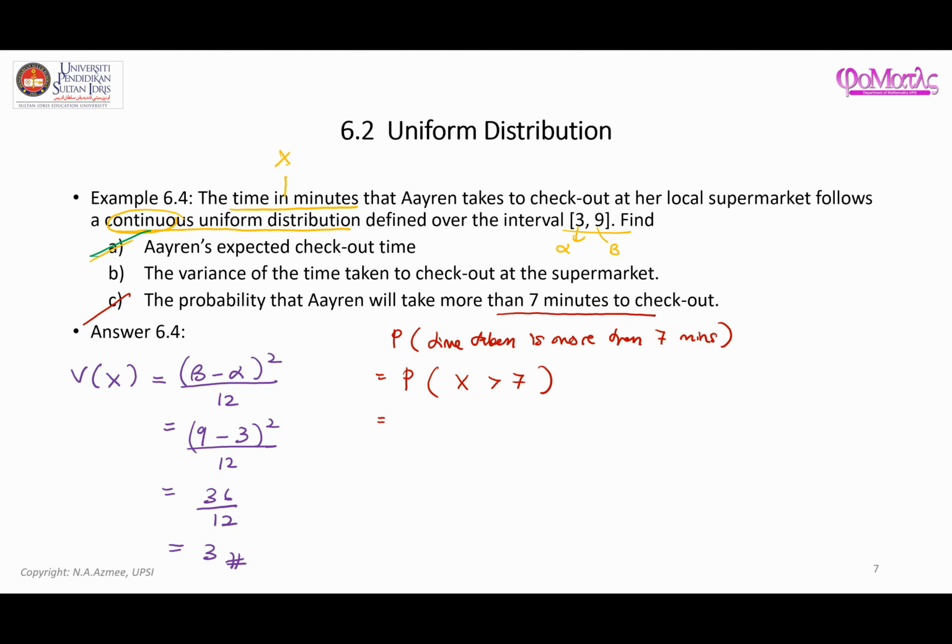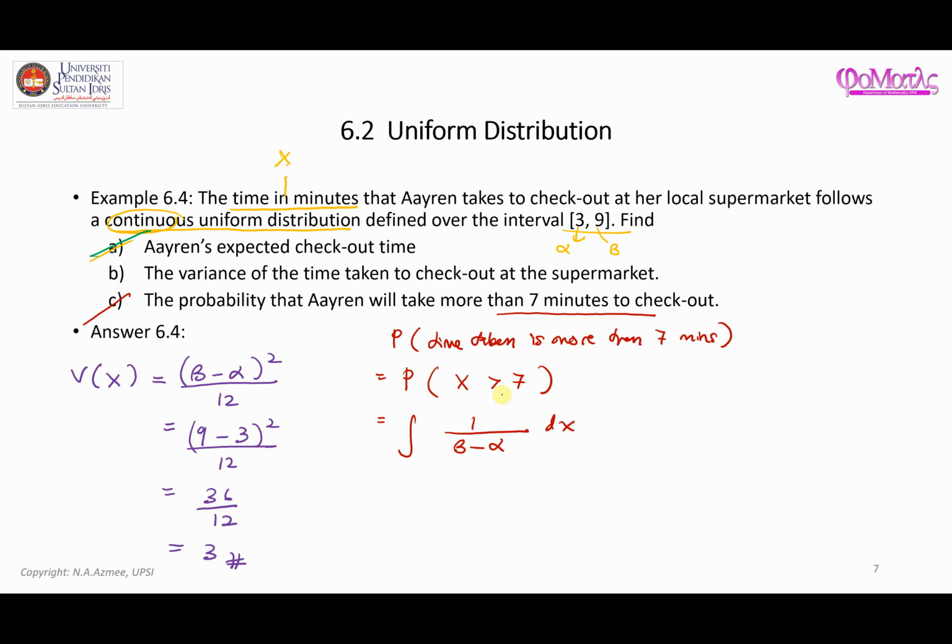And we are going to apply the knowledge that you have already gotten in the previous chapter when you talk about finding probability when you have a continuous case. Therefore, we have to deal with integration. Here we need to know what's the value of fx. So fx is 1 over beta minus alpha dx.